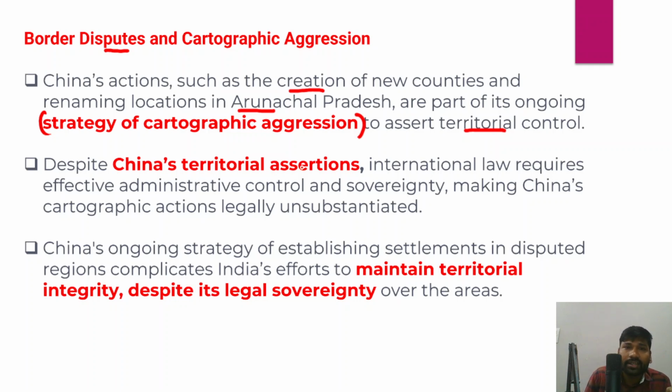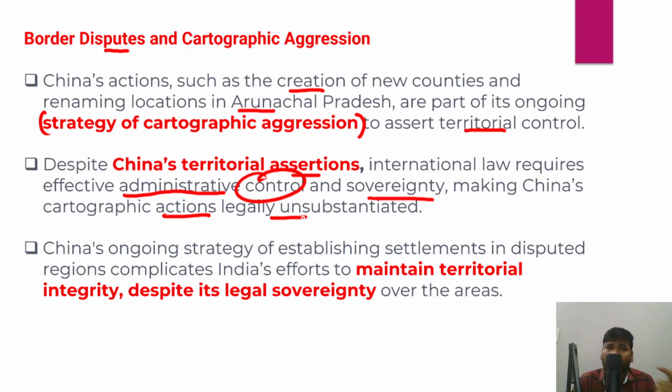And in fact, despite China's territorial assertions, international law actually requires effective administrative control and sovereignty, making China's cartographic actions legally unsubstantiated. Apart from that, China's ongoing strategy of cartographic aggression and even establishing settlements in disputed regions further complicates the existing relations between India and China, and it complicates India's efforts to maintain territorial integrity and sovereignty, despite its legal sovereignty over the areas.